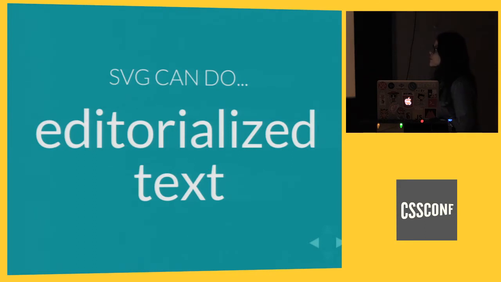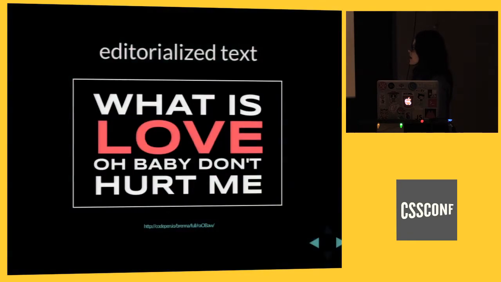Okay, so first example I wanted to move through is SVG is really good at doing editorialized text. What I mean by that is something like this, where you've got very specific placement and sizing of fonts. That's something that is tricky to do with just CSS to get right on.